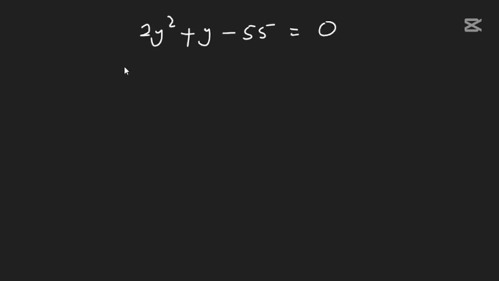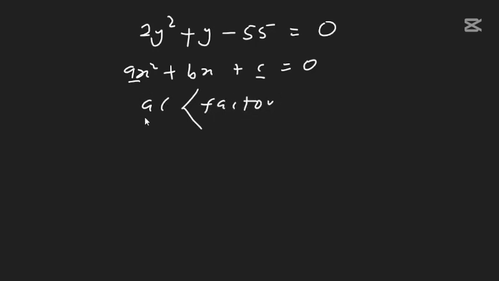Given the general quadratic equation, which is ax squared plus bx plus c equal to 0, to factorize this, we take the product of the coefficient of x squared and c, which is ac. We take both positive and negative factors of the product. That will give us, when we add, the coefficient of b, but when we multiply, we get ac.